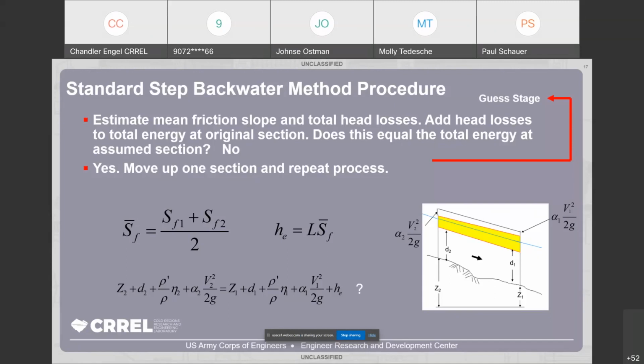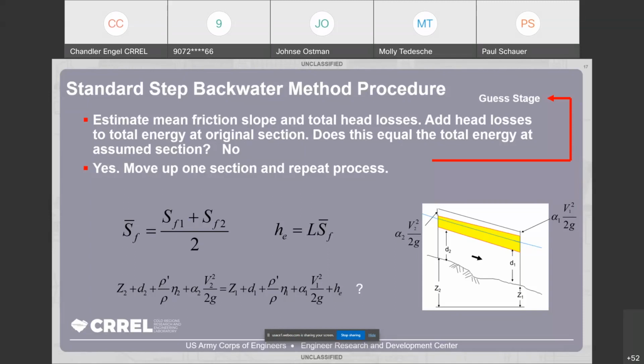We specify a tolerance for how close these equations need to be until we're confident they're accurate enough. Once the error criterion is met, we can march upstream, and what was the upstream cross section now becomes the downstream cross section, and we select the next upstream cross section to continue our step backwater equations. For those of you familiar with standard backwater, this is pretty much exactly the same thing.